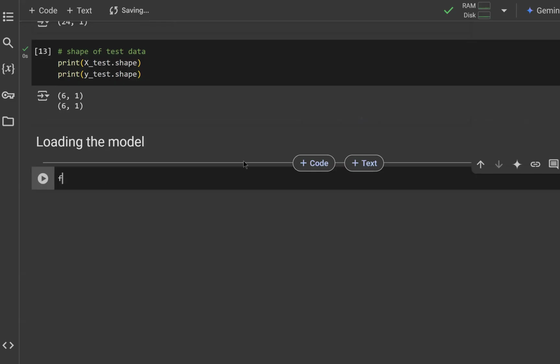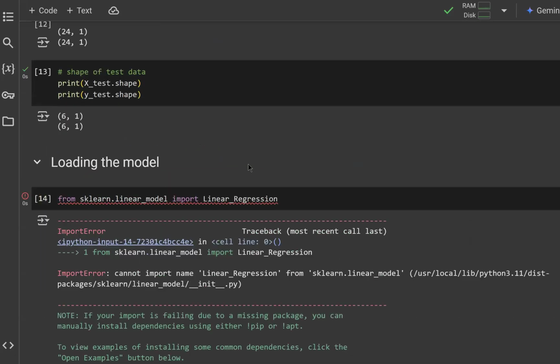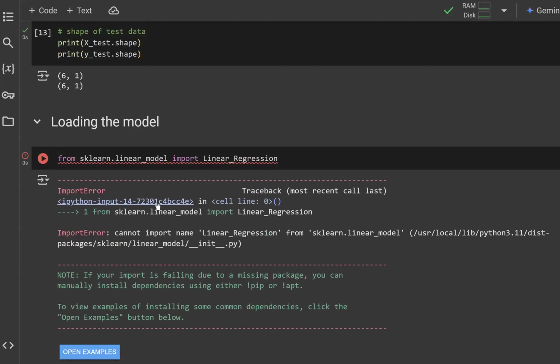Loading the model. How to load? From sklearn dot linear model import LinearRegression.